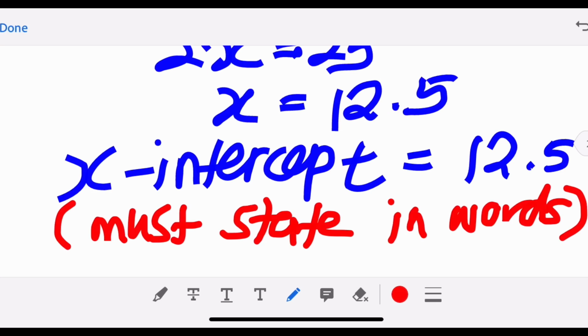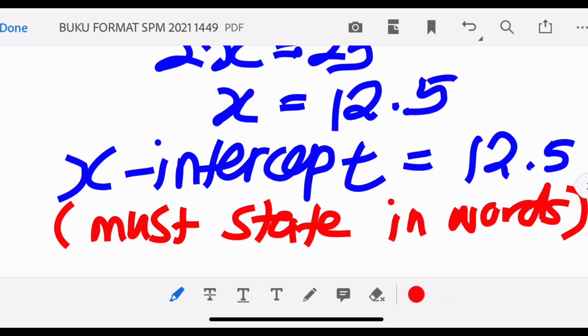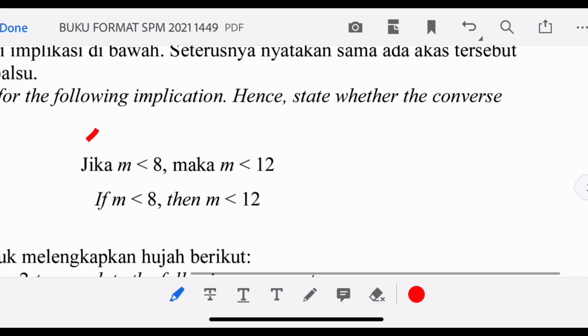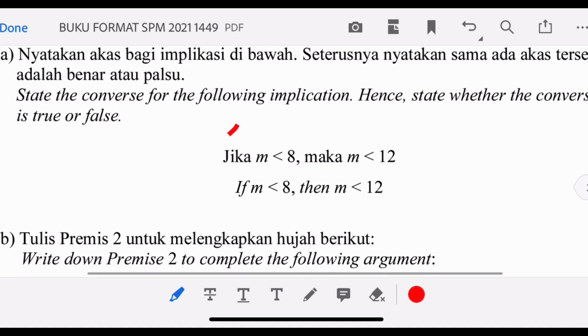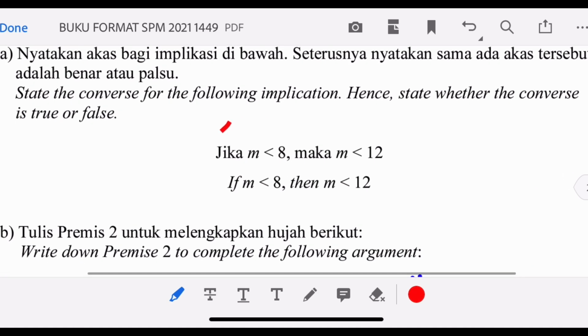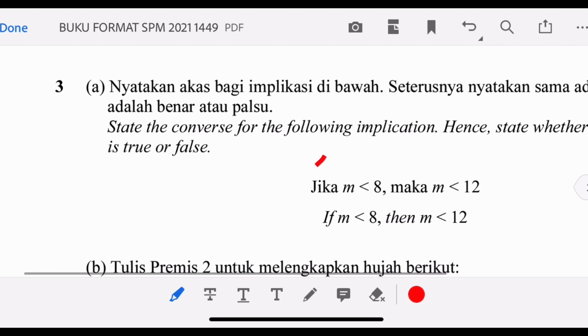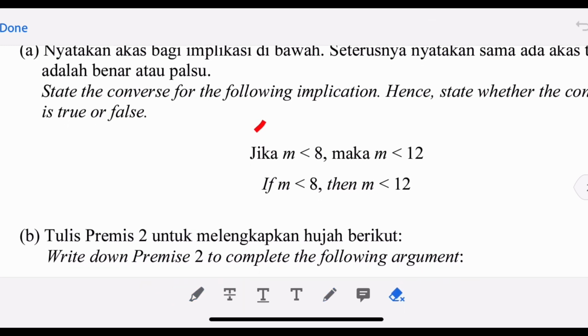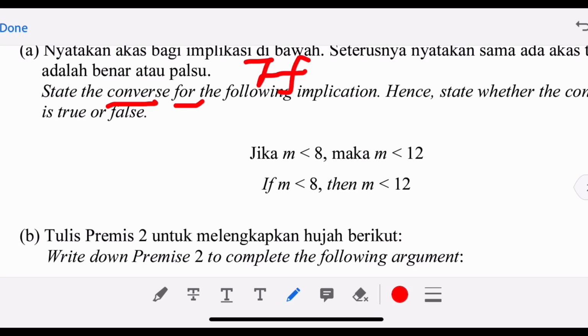Alright, so for the next one, we will discuss another question, which is about the mathematical reasoning that you just learned in Form 4, right? So let's have a look at the question. State the converse for the following implication. Hence, state whether the converse is true or false. Do you still remember what is meant by converse?